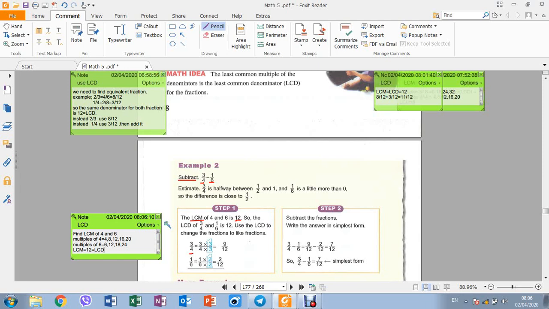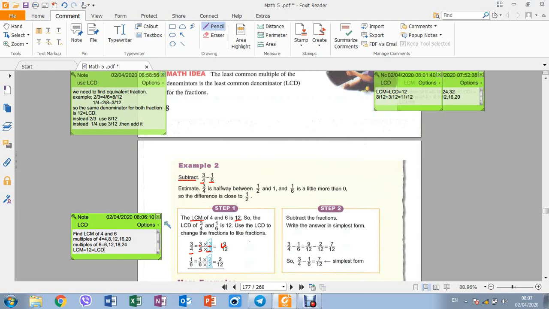Multiply which number equal to 12? 3. So, multiply 3. 3 times 4 equal to how many? 12. So at the same time we need to multiply numerator by 3. It's 3. We have it. And multiply by the 3 that comes from, we multiply by denominator. 3 times 3 equal to, now we write numerator.